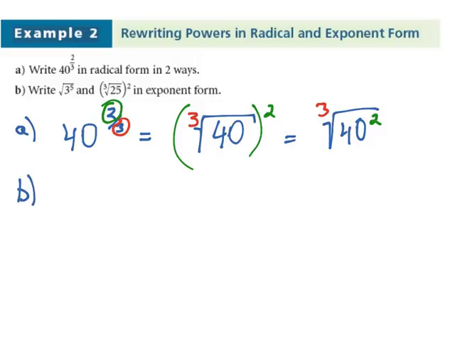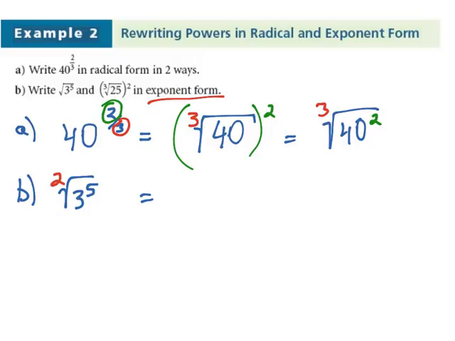Let's continue with part B. Root 3 to the power 5. We want to change it to exponent form. Now exponent form is, I'm just going to circle the exponent. This is the exponent form. There's no radical signs. So let's do it. Again, identify what the index is.